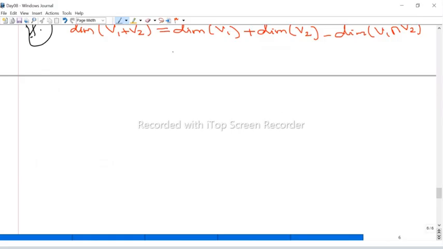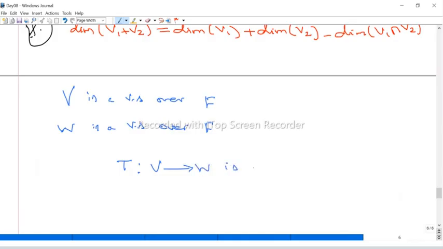Suppose we have two vector spaces over the same field. Suppose V is a vector space over the field F. We have another vector space W over the same field F. Then a function T from the vector space V to the vector space W is a linear transformation when it satisfies extra conditions.